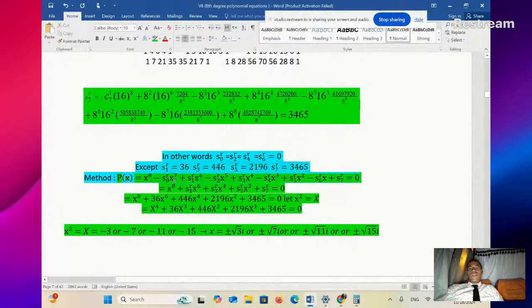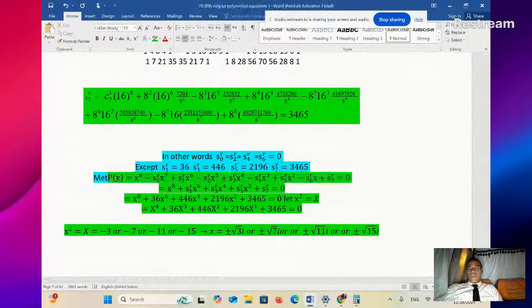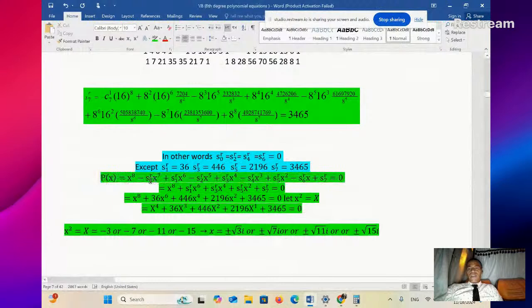Now we are going to use the method, which means I now get a new eighth degree polynomial equation, depending on the coefficients of S subscript k minus 1 over r that have been derived from the discrete formula of Murad Sultan Swedi.